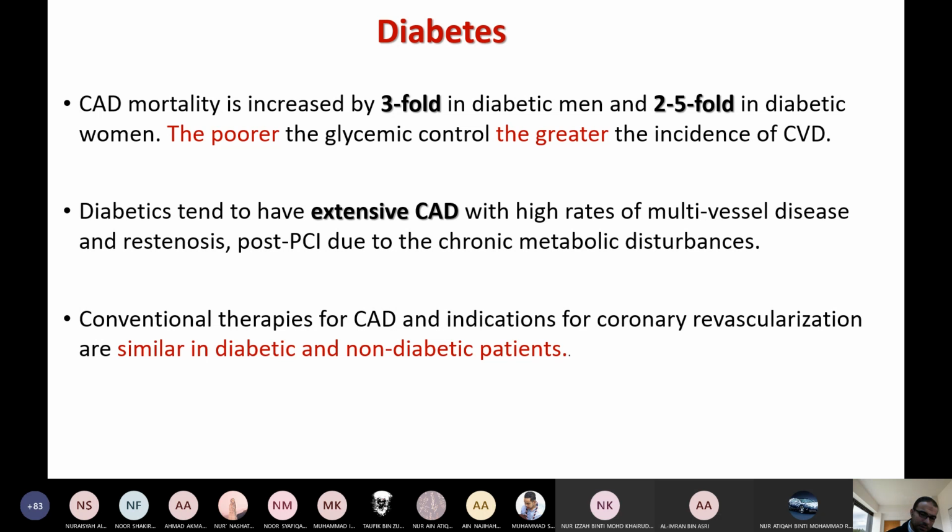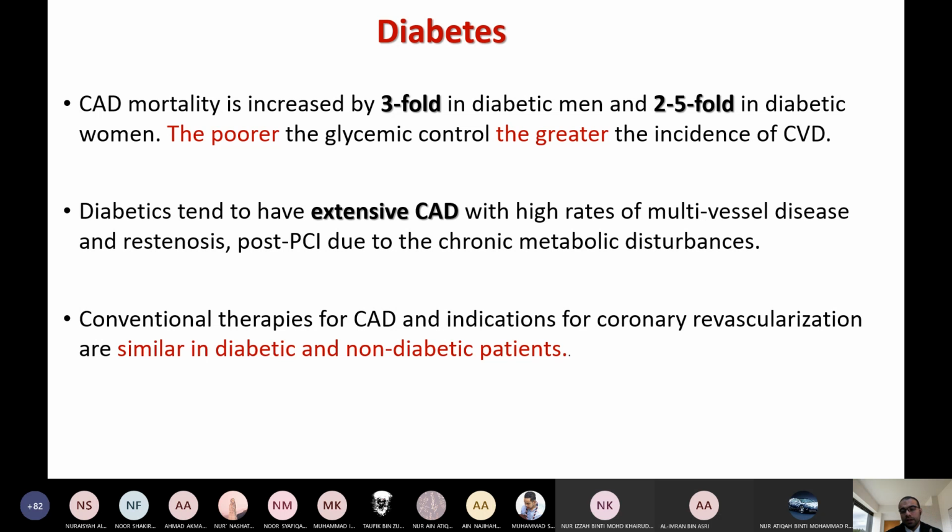It is well established that diabetes is a coronary artery disease equivalent, and the mortality of coronary artery disease in diabetic men or women is higher, even several times, compared to the non-diabetic, and poor glycemic control increases the incidence and the severity of the cardiovascular disease. In general, diabetics have or are expected to have extensive cardiovascular disease due to so many other reasons.